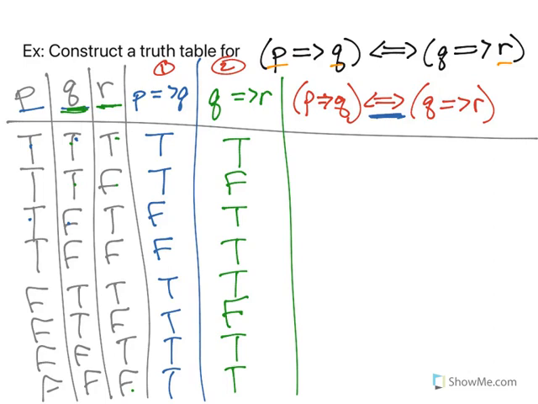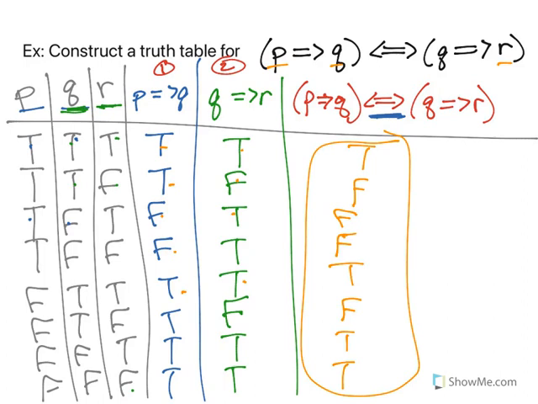We are false if we have different values. So as we go through, true, true, those match. True, false, they do not match. False, true, those do not match. False, true, nope. True, true, yes. False, true, true, false, true, true, and true, true. So this is our truth table for if P, then Q, if and only if Q, then R. Thanks.